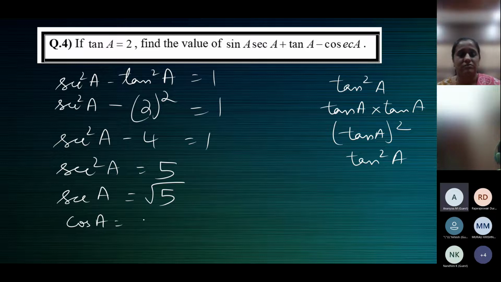I'm still not thorough with the table. No, it's not about the table, children. 1 by root 5, ma'am. 1 by root 5. Children, when you have the value of tan A, you have the value of cot A. If tan A is 2, cot A is 1 by 2. If secant A is root 5, cos A is 1 by root 5.